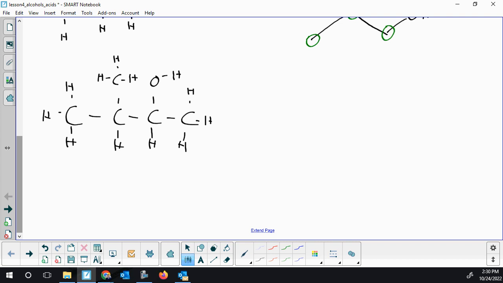Nothing is at an end this time. So my first thing I deal with, what's the longest chain that has the family member in it, the hydroxyl? So 1, 2, 3, 4, 1, 2, 3, 4. There's 2 different 4 long chains, so I have to pick one of them.